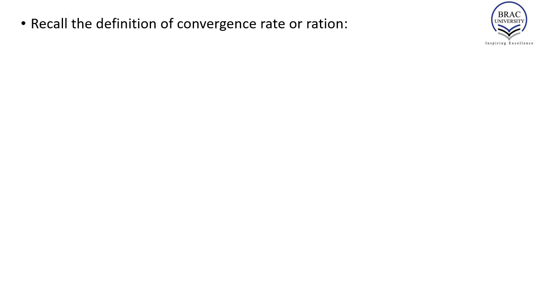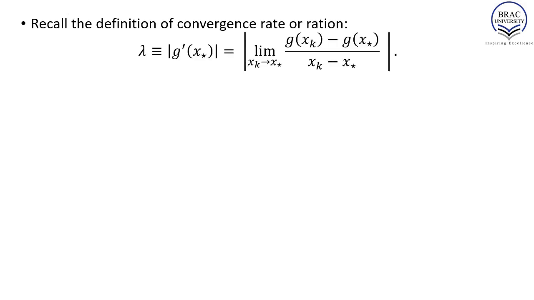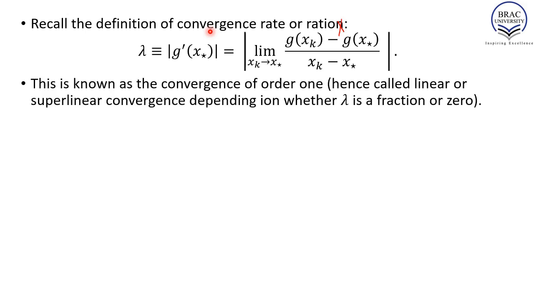Recall the definition of the convergence rate or ratio. There is another typo here, so there will be no n here. This is the definition of lambda, the convergence rate. The right hand side is the first derivative of g. If the value is 0, it is superlinear; if it is a fraction less than 1 and greater than 0, it is linear.